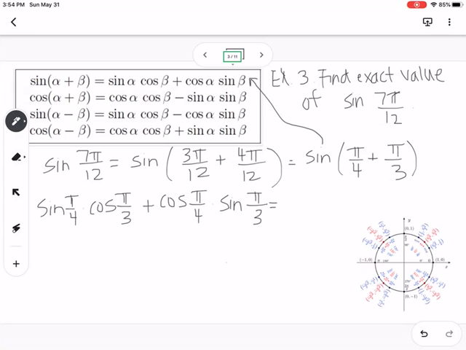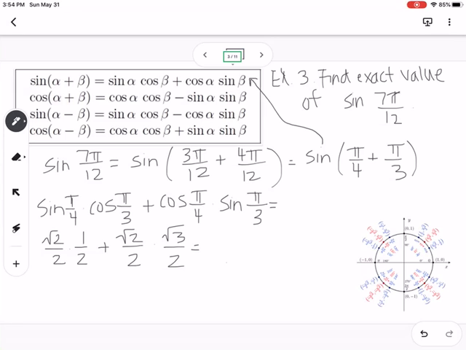All right, so sine of pi over 4, again, look at your unit circle. That's radical 2 over 2. Cosine of pi over 3 is 1/2. Cosine of pi over 4 is radical 2 over 2. And sine of pi over 3 is radical 3 over 2.